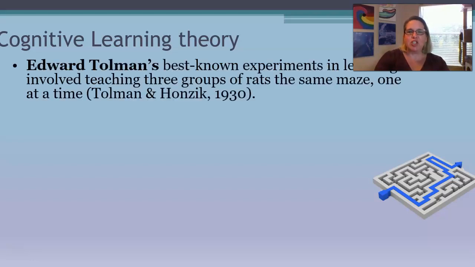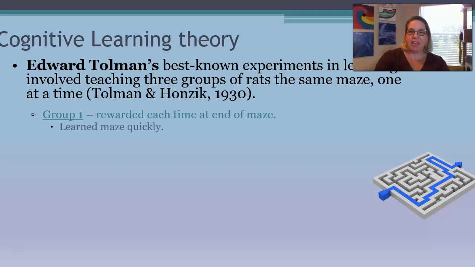So he is known for experiments with mazes and putting rats in a maze one at a time to see if reward helps them learn the maze better. So the first group gets rewarded each time at the end of the maze, and they learn the maze really, really quickly.